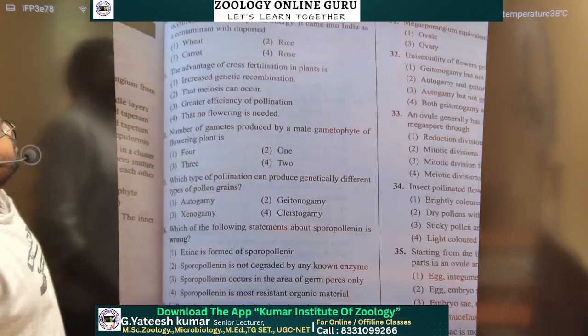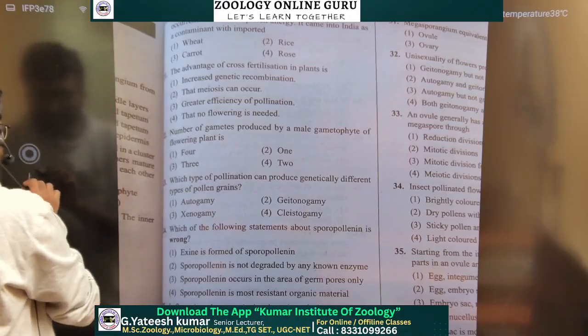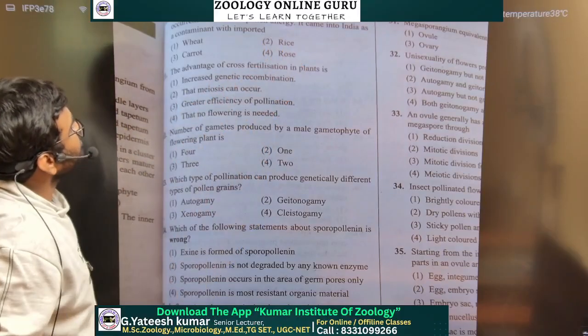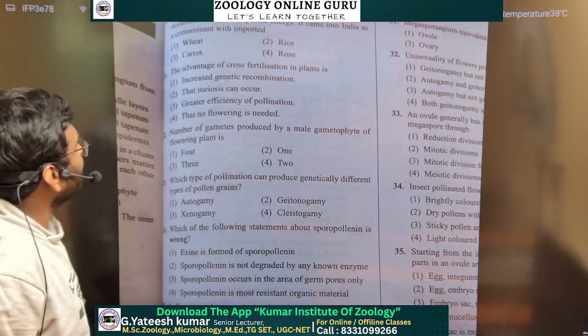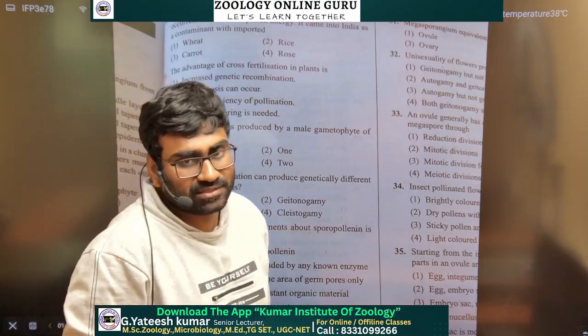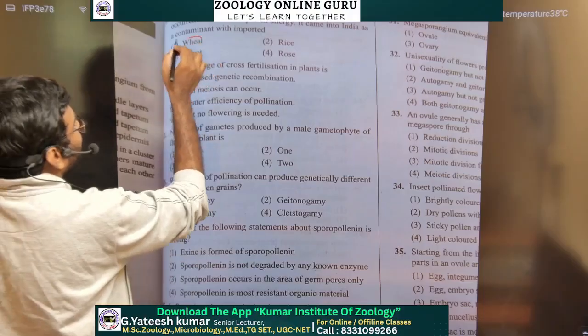Next question. Parthenium or carrot grass has become ubiquitous in occurrence and causes pollen allergy. It came to India as a contaminant with imported wheat.